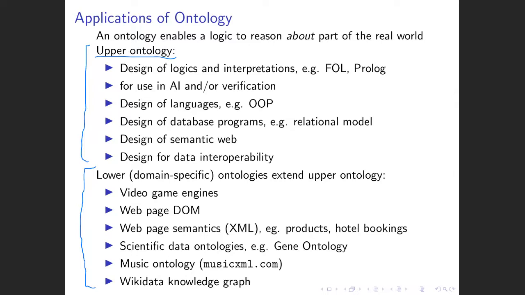So upper ontology doesn't change very much. Ideally, we would only ever have one theory of upper ontology, and everyone would agree to use it. So this concept will show up, for example, when you are designing a logic, when you're designing an interpretation, when you're designing first order logic, and you say, what is this structure where you say mortal Socrates?